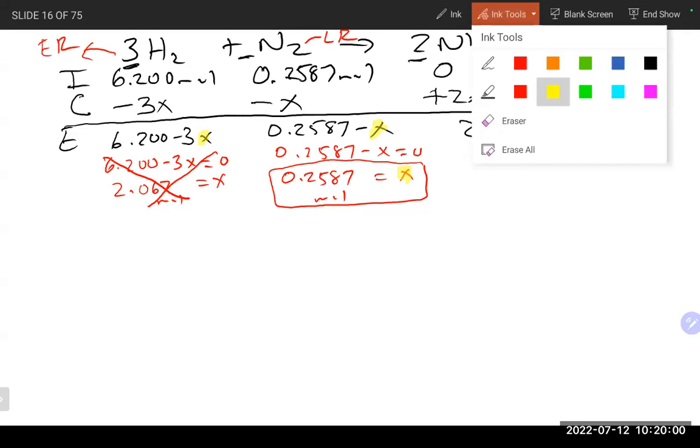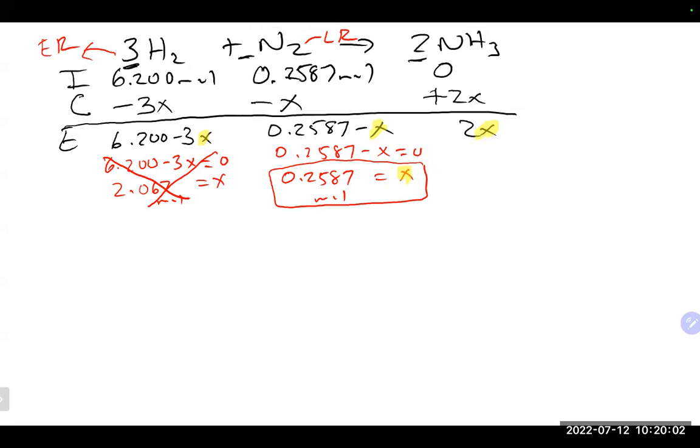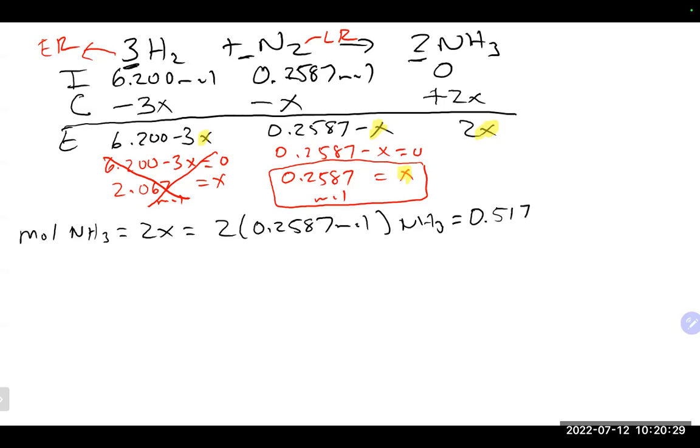So we'll do what the question asked, which was how much we would produce. So from the table, we can see that at the end, the moles of NH3 is equal to 2 times X, which would be 2 times 0.2587, 0.5174 moles of NH3.